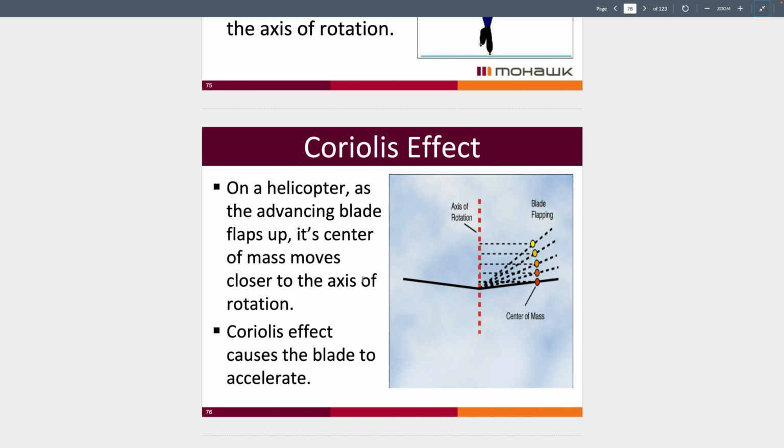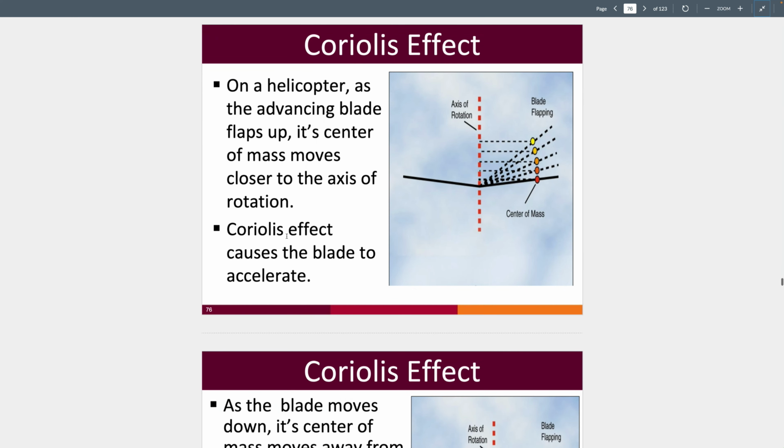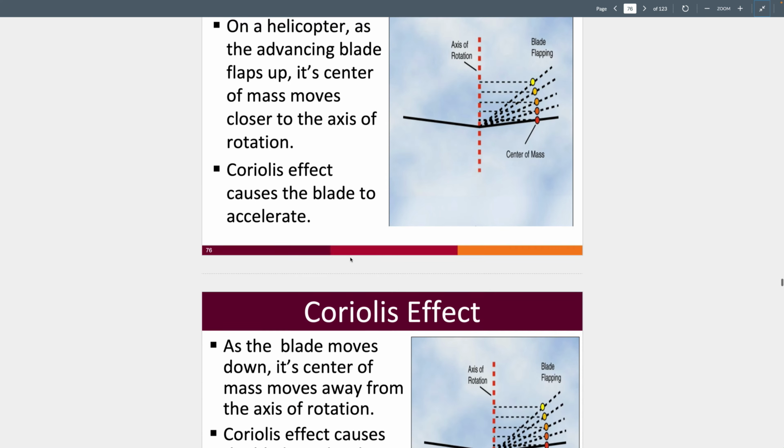In a helicopter, this axis of rotation is right through the hub, through the vertical axis, passing through the center of the hub. And these would be the blade angles. As the blades cone upwards due to producing more lift on the advancing half of the rotor disc, they would tend to move even faster. So Coriolis effect causes the blades to accelerate.